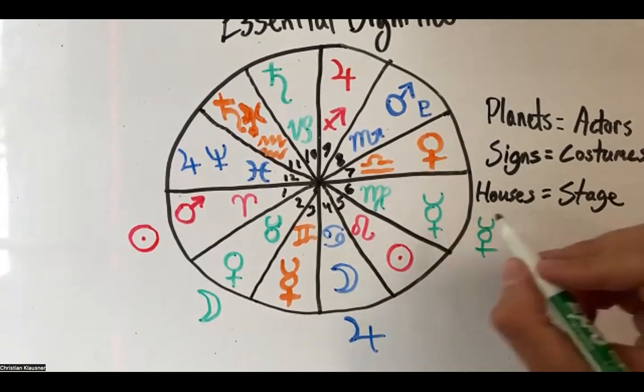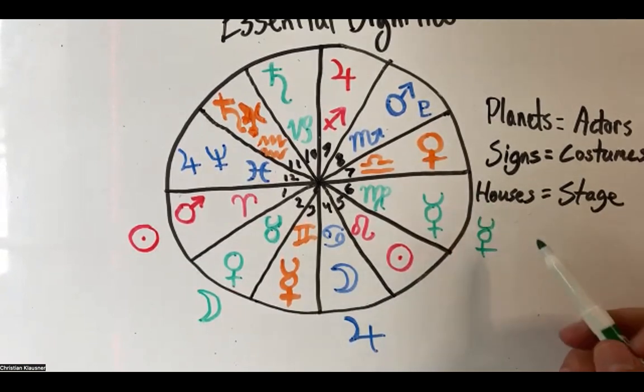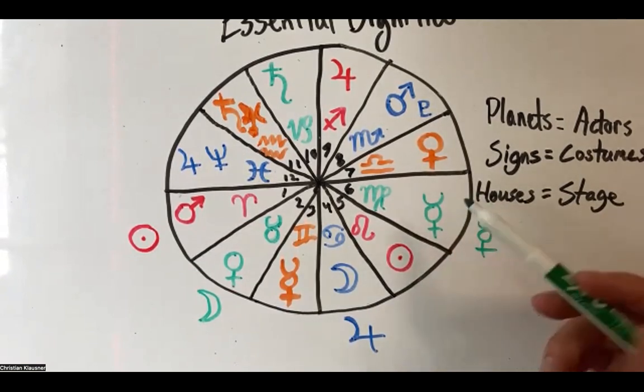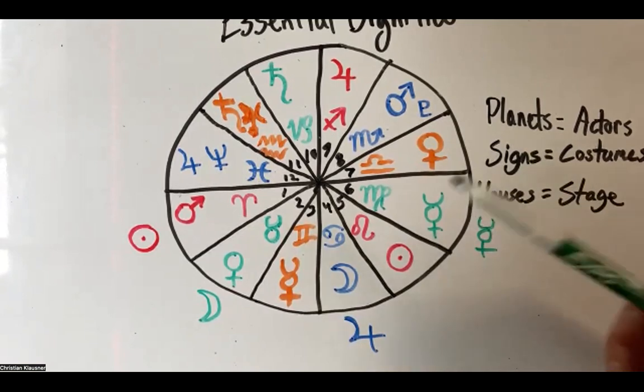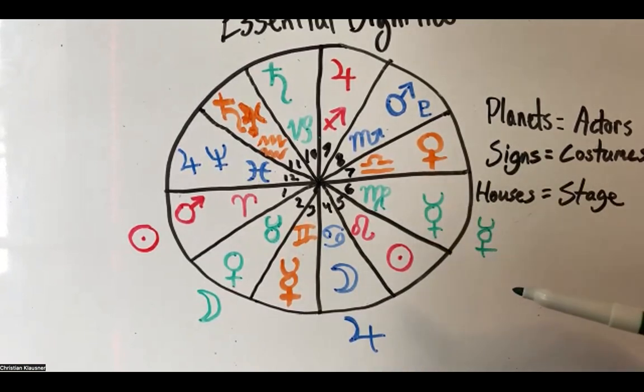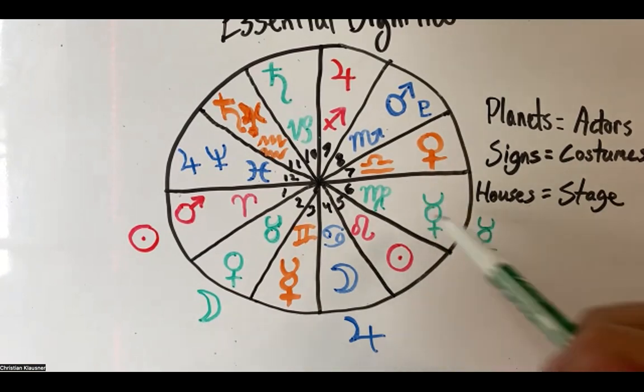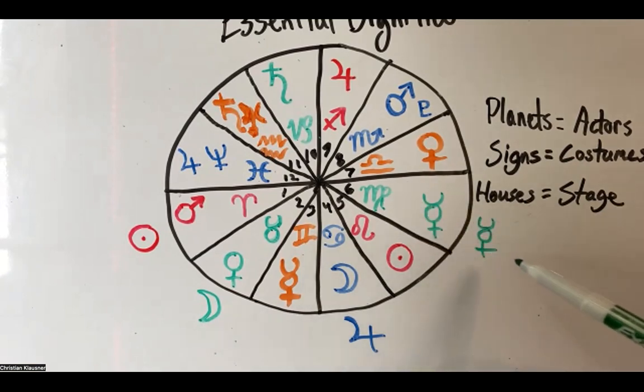So that's the only sign that has a double exaltation. It just shows that Mercury does extremely well in Virgo because it's all about analysis, information, reality. Just give me the cut and dry logic and facts. That's Mercury. That's Virgo there. All right.